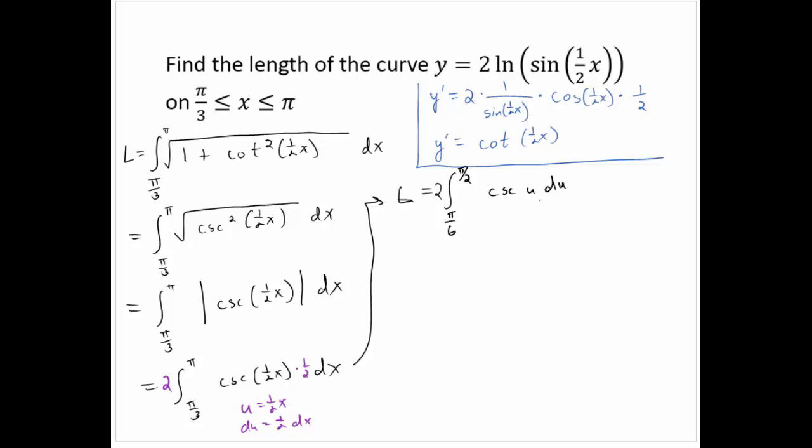And the integral of cosecant, we've seen this several times before. So the arc length would now be 2 times natural log absolute value of cosecant u minus cotangent u from pi over 6 to pi over 2.